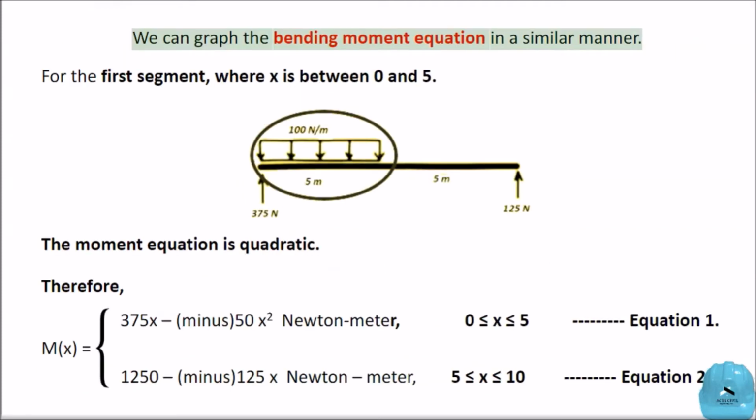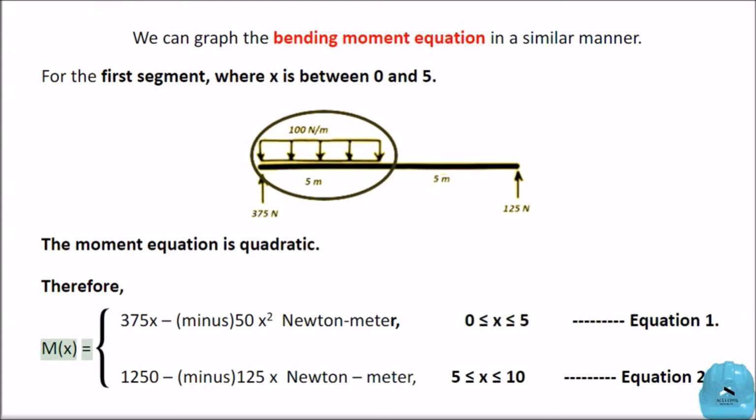We can graph the bending moment equation in a similar manner. For the first segment, where x is between 0 and 5, the moment equation is quadratic. Therefore, M(x) equals 375x minus 50x² Newton meter, 0 ≤ x ≤ 5. Equation 1.